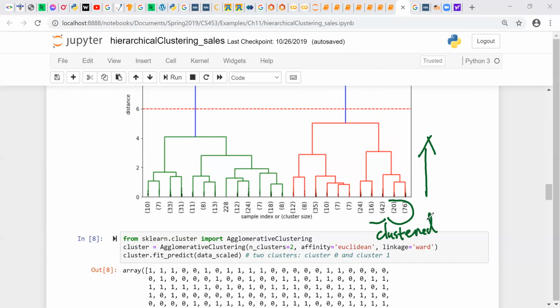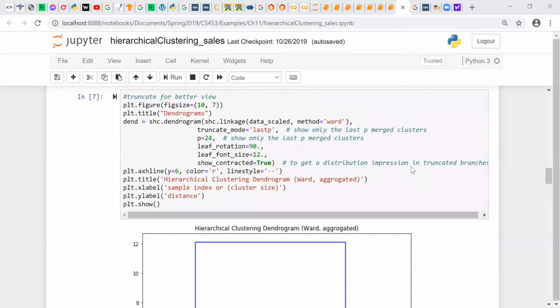Okay, then how do we get this kind of dendrogram? Over here, we still use the scaled data, with the linkage as ward. You can pick the truncate mode, and here the mode says 'lastp'.